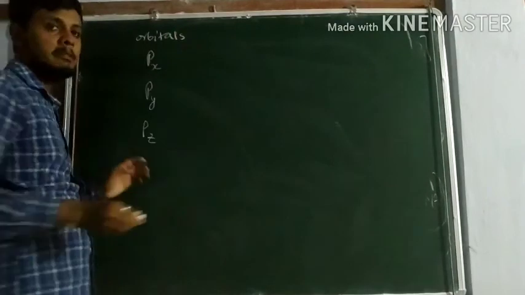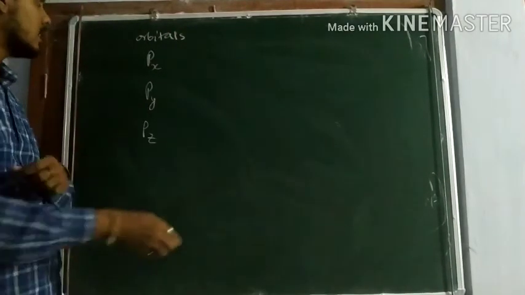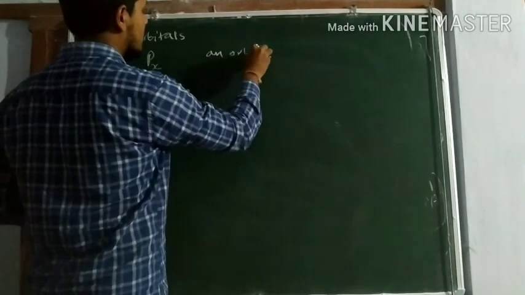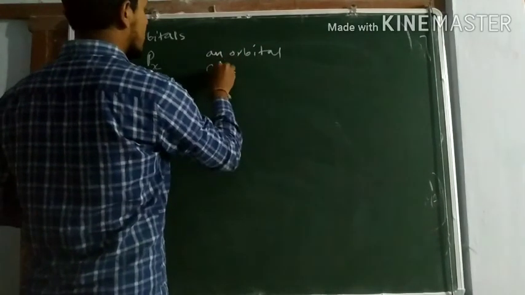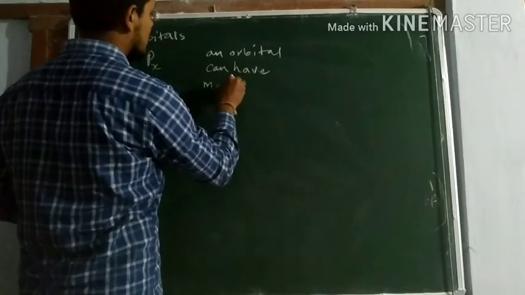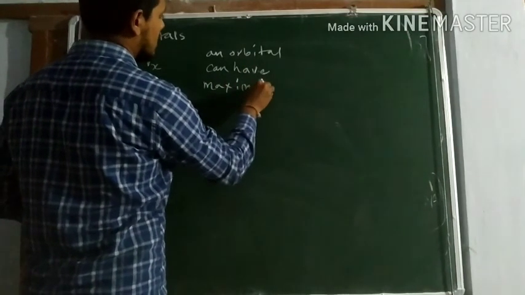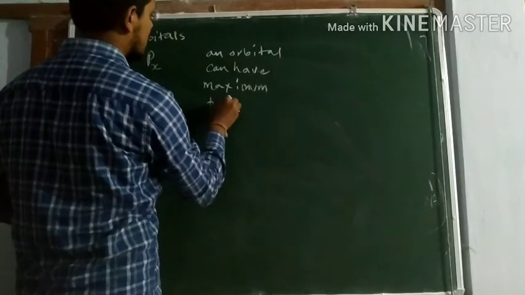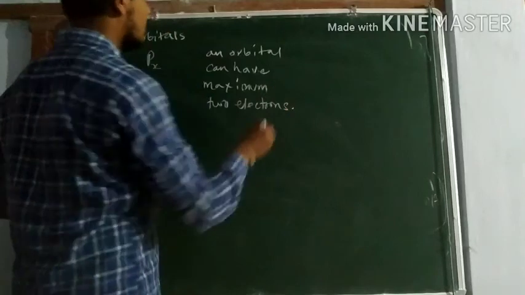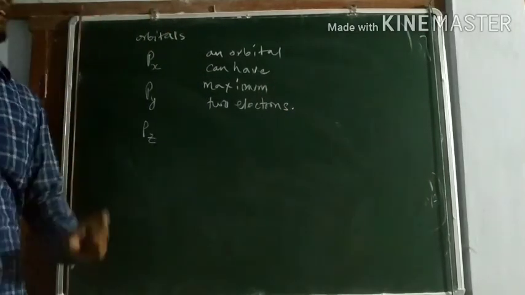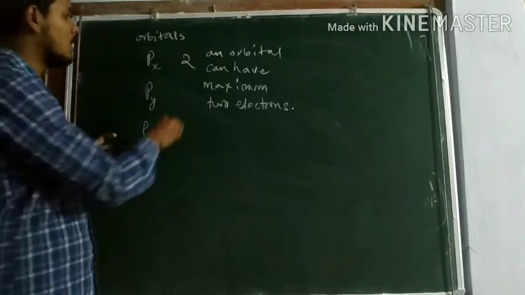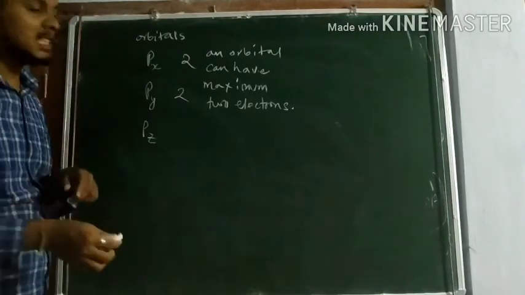So this thing we will again discuss. The thing is that an orbital can have maximum 2 electrons. So an orbital can have maximum 2 electrons. That means px can have maximum 2 electrons, py can have maximum 2 electrons, and pz can have maximum 2 electrons.